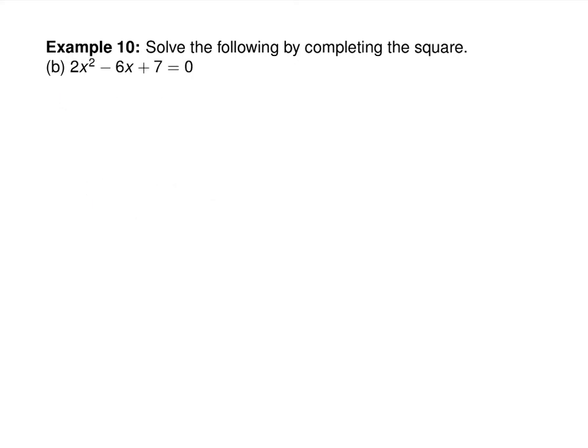For this one, can you do the complete the square right out of the gate? What do you have to do first? Divide by 2. Good job. So divide by 2. X squared minus 3x plus 7 over 2 equals 0.